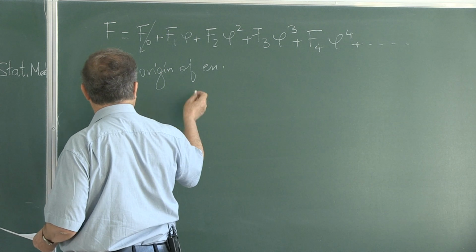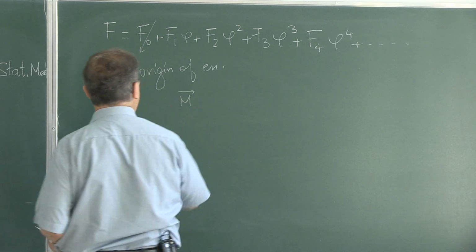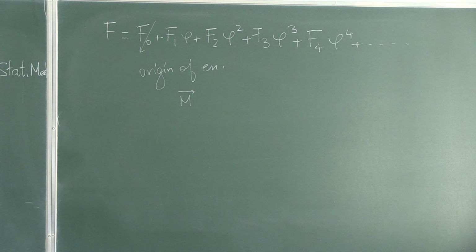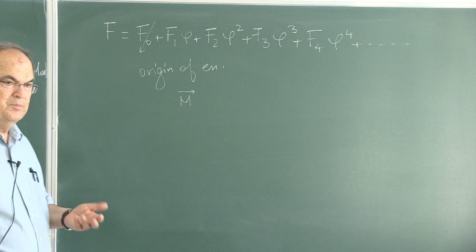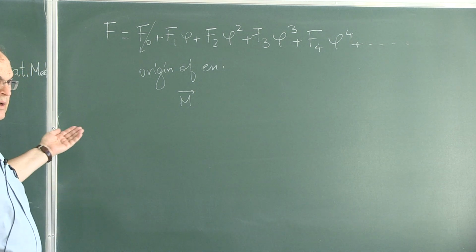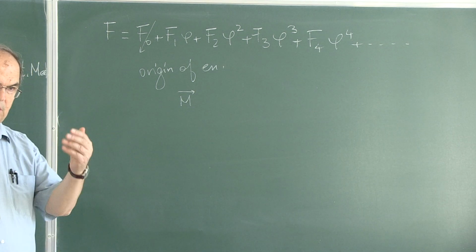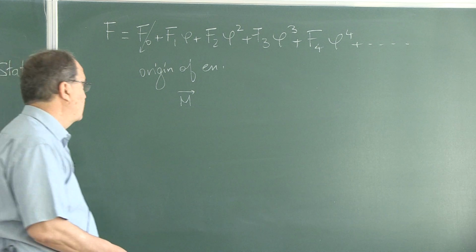If the order parameter is a vector, then can you have odd powers of the order parameter in this case? Odd powers will be vectors. F is not a vector, so you can omit the odd terms.